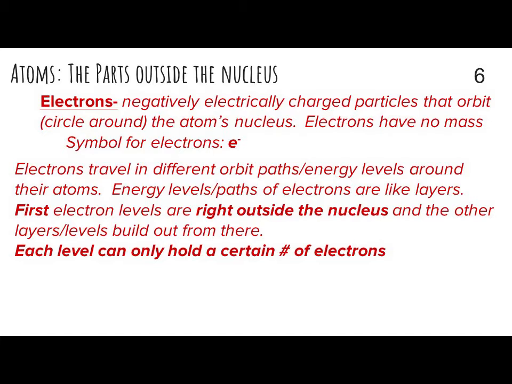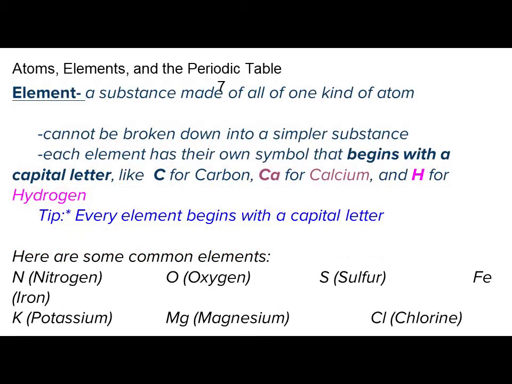They travel in different orbits, paths, or energy levels around their atoms, and these energy levels are like layers of clothes that you might put on. The first electron levels are right outside the nucleus, and the other layers build out from there. An important thing to know is that each level can only hold a certain number of electrons.